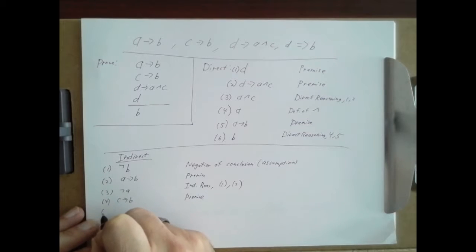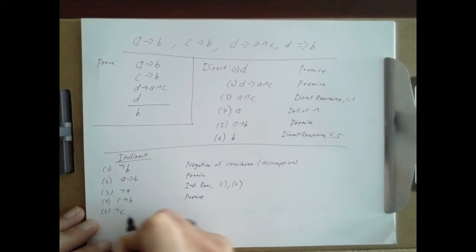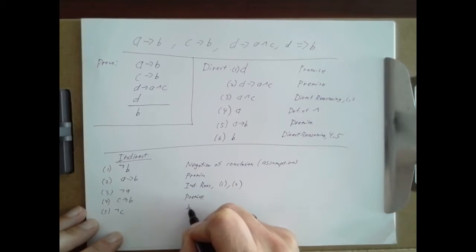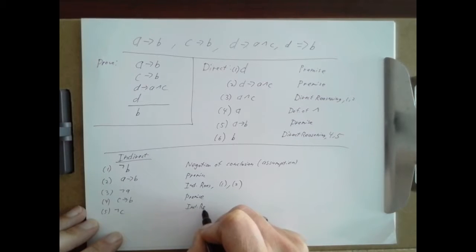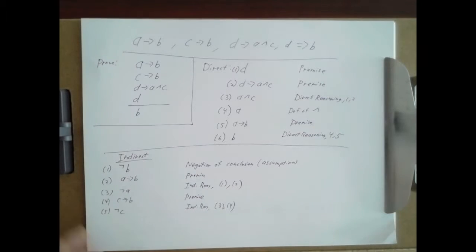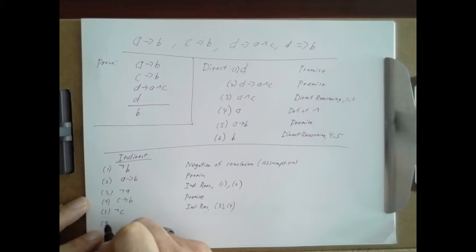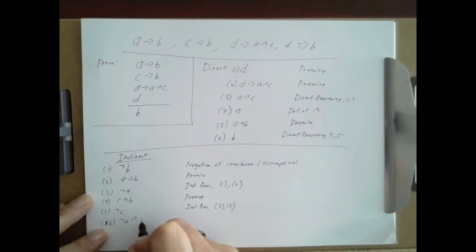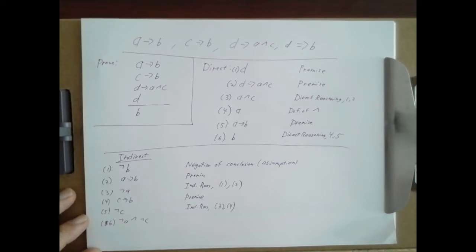And we have not B, so we also have not C, and that's indirect reasoning of 3 and 4. So we're told that we have not A and not C.